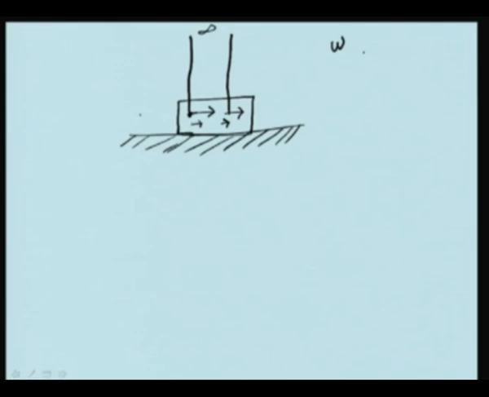So, a typical particle in the body has the magnitude of the velocity equal to the product of angular velocity and the distance of the particle from the instantaneous center. Thus, the magnitude of the velocity in the case of a translating body will be 0 times infinity, omega r, which gives a finite velocity. The product 0 into infinity may mean any real number.